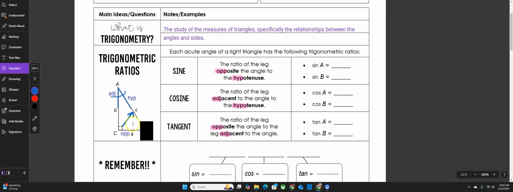So what side is opposite angle A? Lowercase a. So our numerator is going to be lowercase a. The ratio from the leg opposite to the hypotenuse. So again, opposite was A, hypotenuse is C.